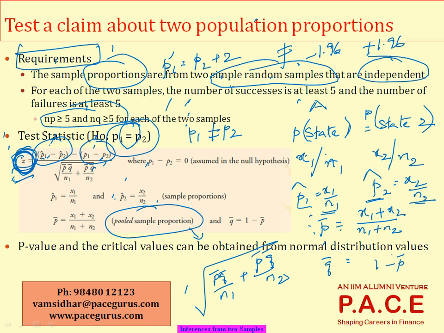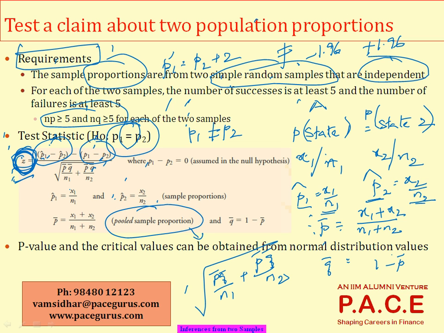So remember, assuming all the requirements are met, you can test the claim about the two population proportions using this z-test. All you require is to first establish your null hypothesis, collect the sample data of two different populations. From that, find out the sample proportion 1 versus sample proportion 2. Find out the difference between the two sample proportions and the hypothesized difference between the two proportions.